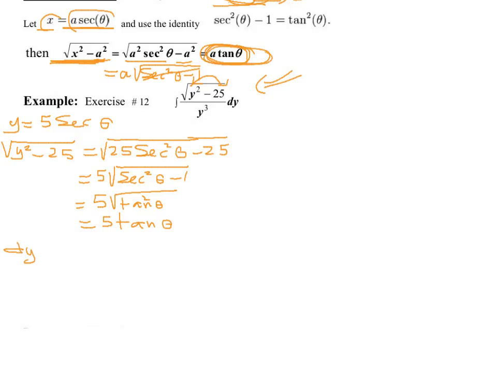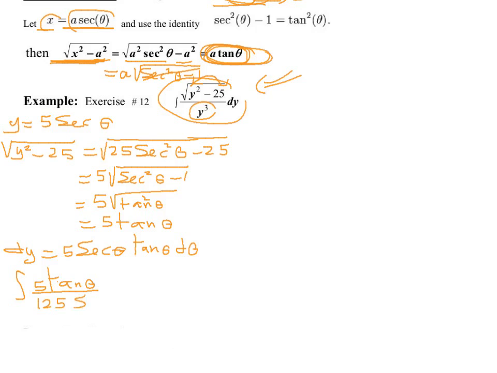dy is equal to 5 secant theta tan theta d theta. Now we are ready to substitute in the integration. So we have the integration of the root, which is 5 tan theta, divided by y cubed, which is 125 secant cubed theta, times dy, which is 5 secant theta tan theta d theta.